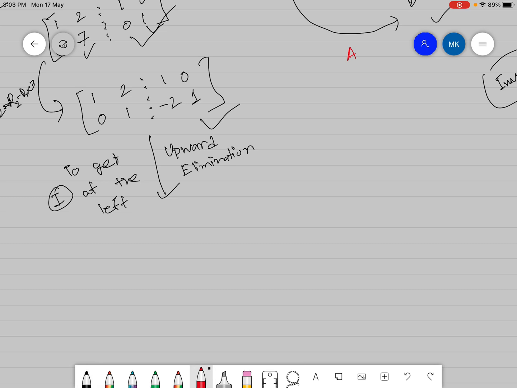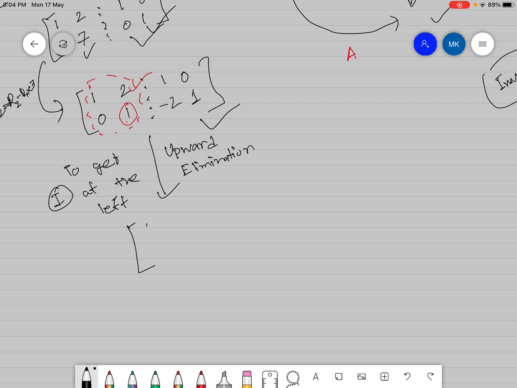That means in this side you want to get the I, or the identity matrix. So if you multiply this pivot by 2 and subtract it from this one, you get it, I guess.